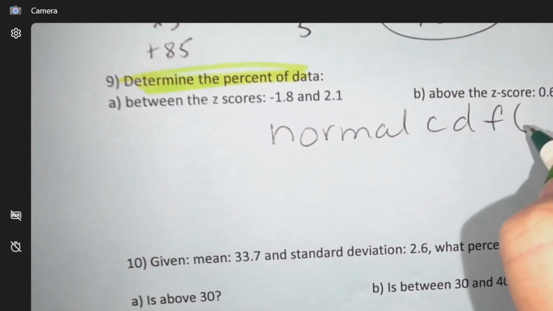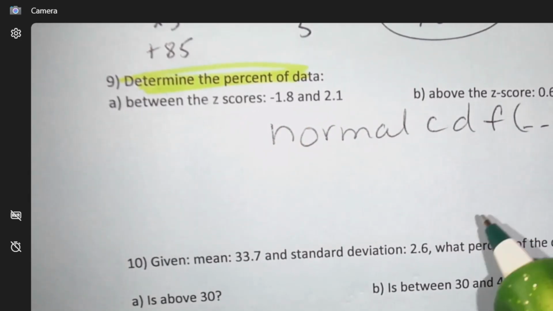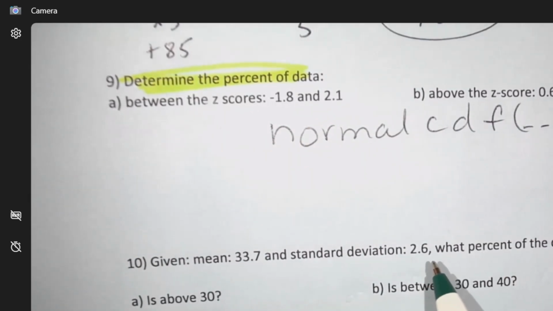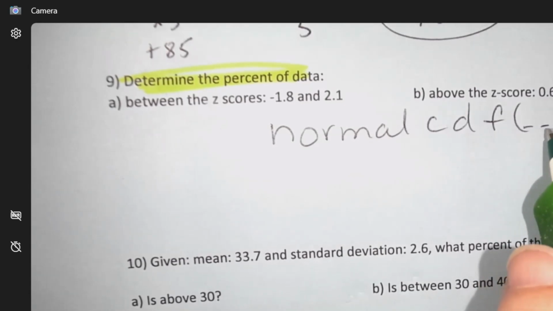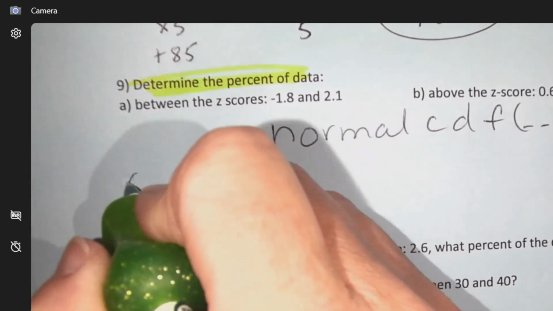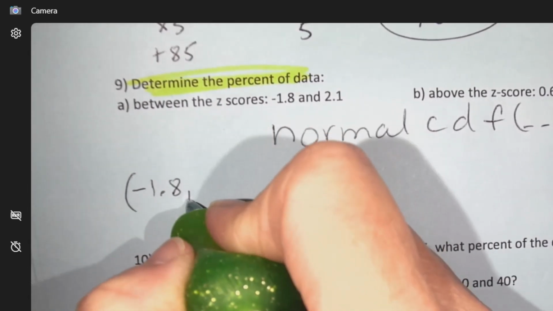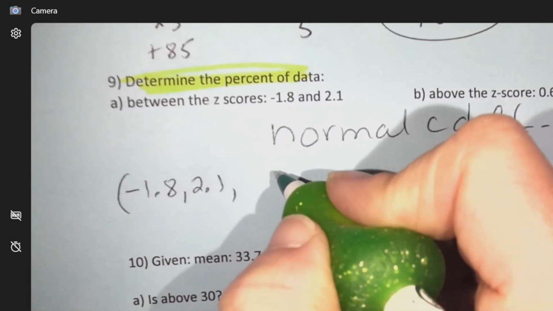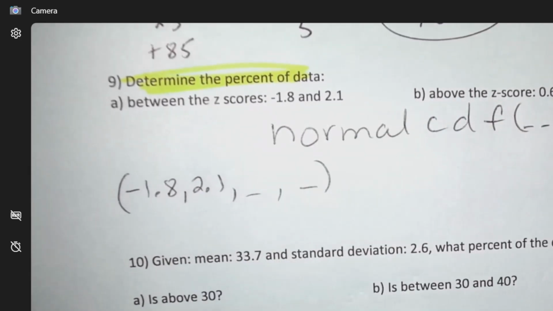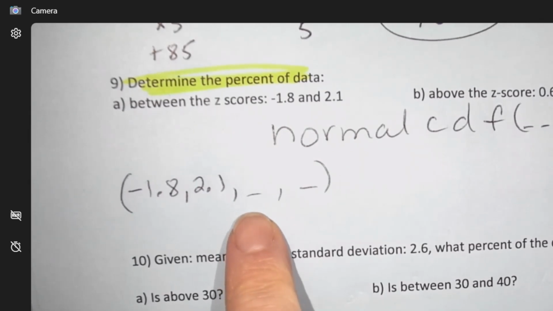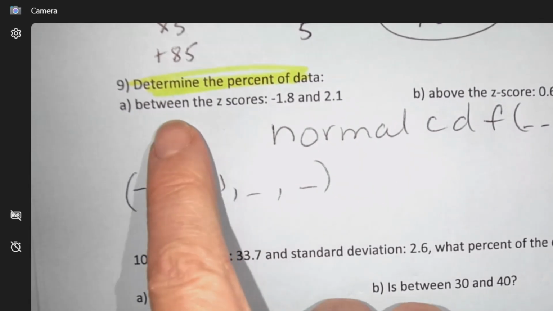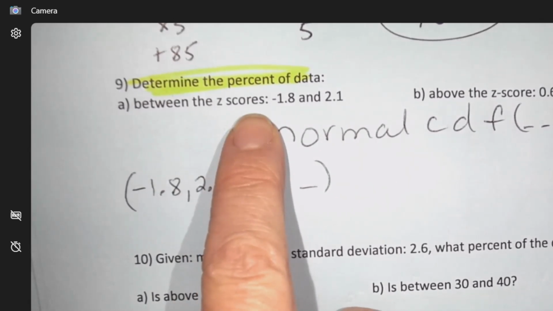Okay, so remember that there's 4 parts to this. Do you remember the 4 parts? Low, comma, high, comma, mean, comma, standard. So I'm going to go from the low to the high, comma. What is the mean? This is a Z-score. These are completely talking about Z-scores.